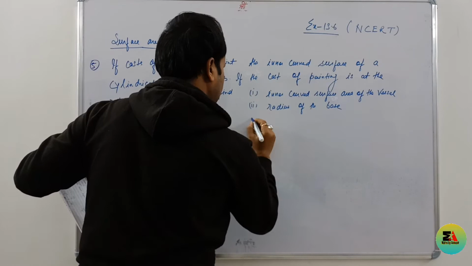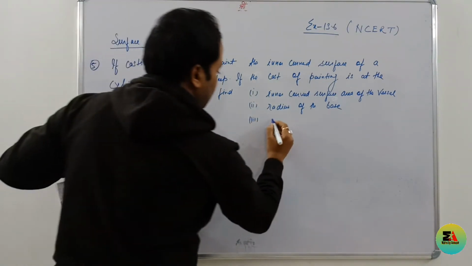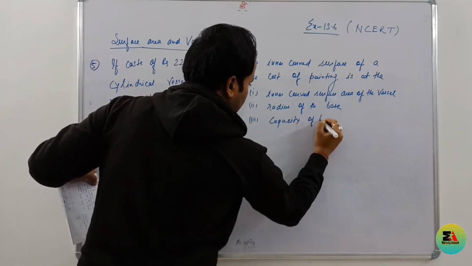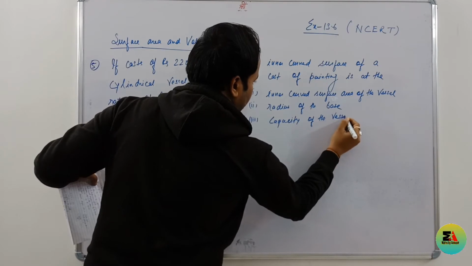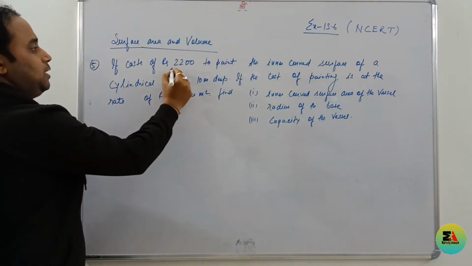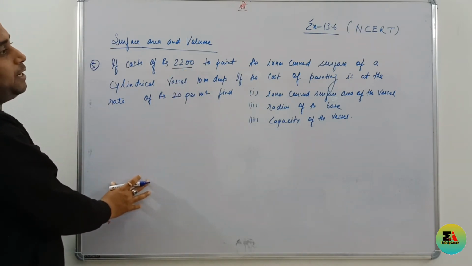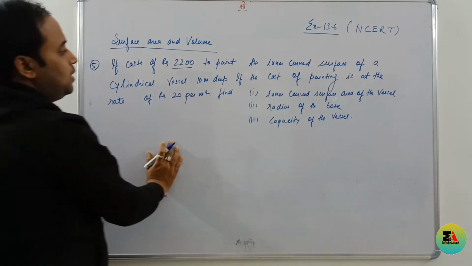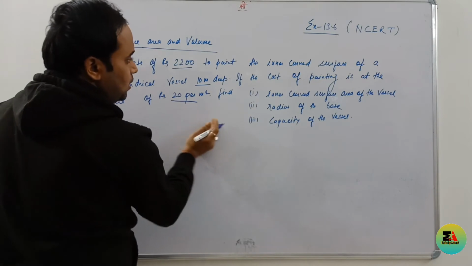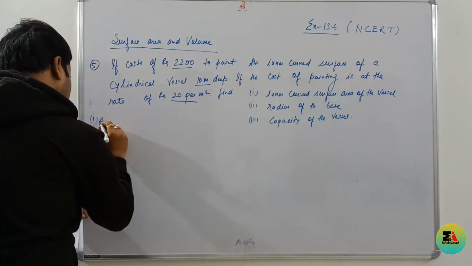Case third, capacity of the vessel. We have 3 cases. Now what question is said, total cost is there. If you paint inner cylindrical vessel, their total cost is there and height is there, and per meter cost is 20 rupees. Then you have to calculate what? Inner curved surface area. Now see how we solve.